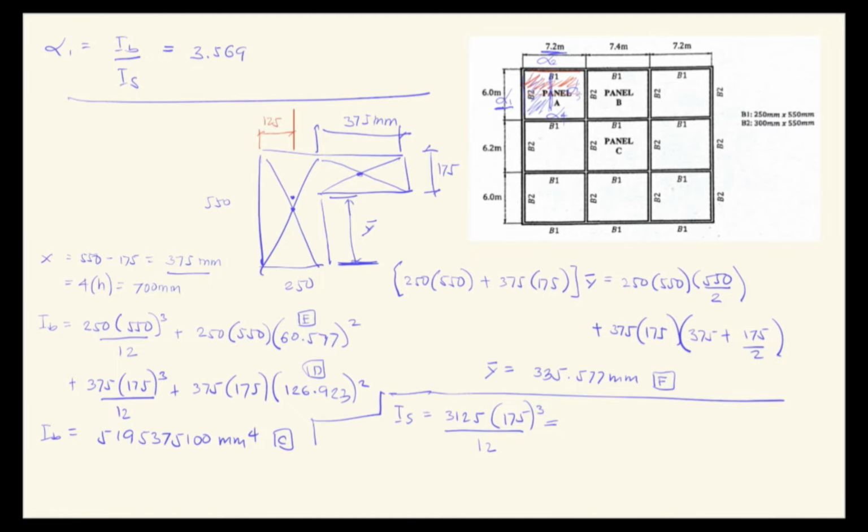This will give us this value. Hence, alpha 2 would be IB divided by IS, which is then equal to 3.722. Okay.